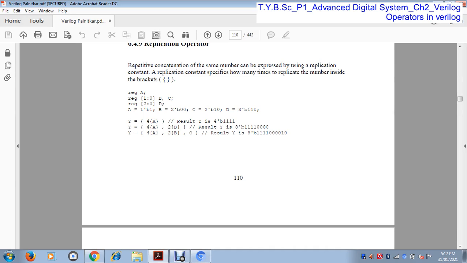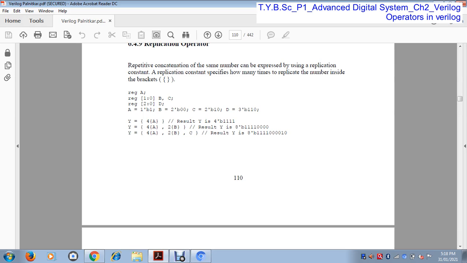In this way the replication operator is defined. Here for A, the value of y contains 4 times A. The value of A is only 1, but here 4 in bracket A means the value of A is taken 4 times. Therefore here we write 1 1 1 1, 4 times 1.